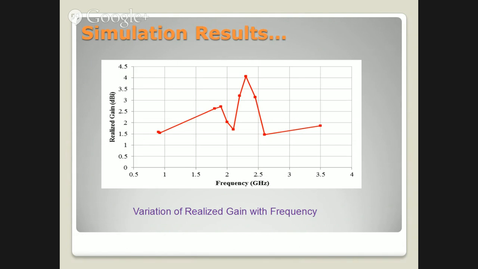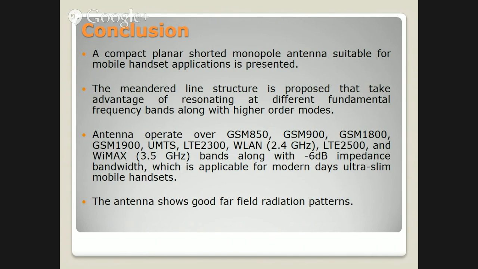This is the conclusion: a compact planar monopole antenna suitable for mobile handset application is presented. This meander line structure is presented. This is the application and this is the reference.